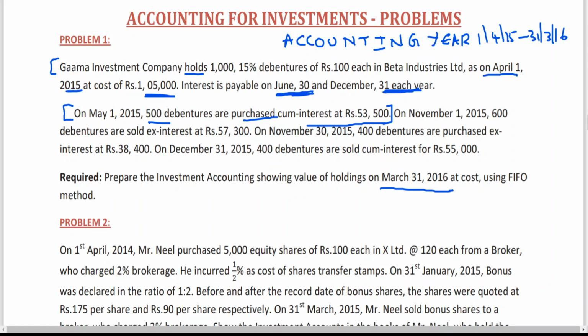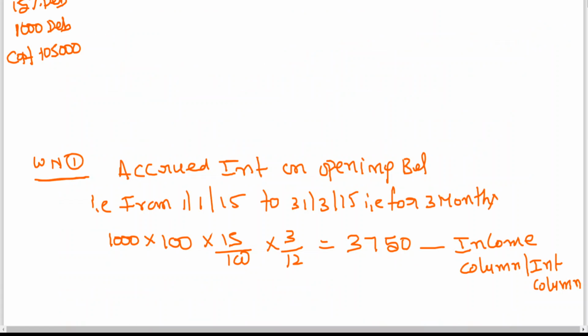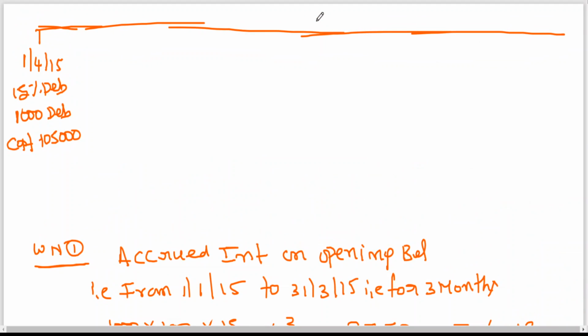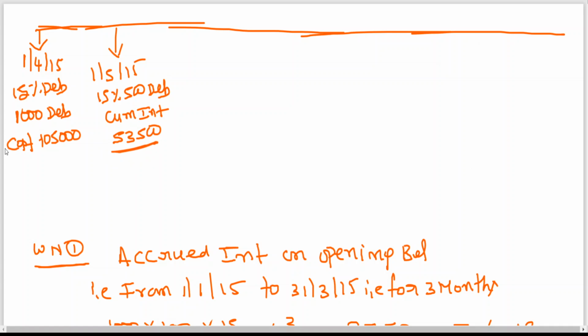What is the date, my dear friends? 1st May 2015. What is the cost price? 53,500. That is the purchase price. Here, since it is the opening balance, we write cost price; here 53,500 is the purchase price.